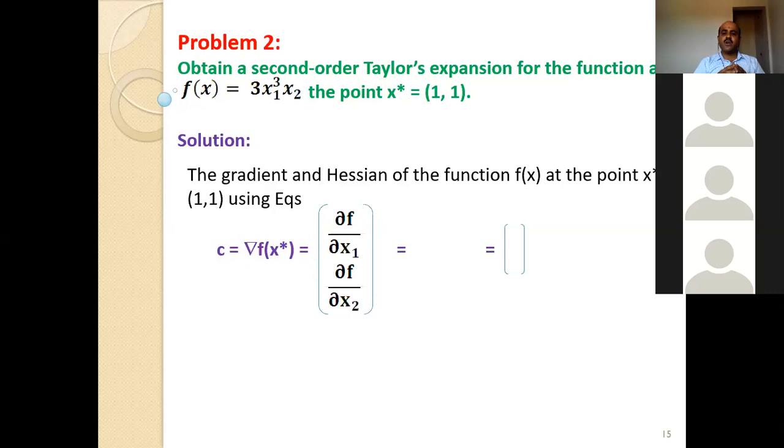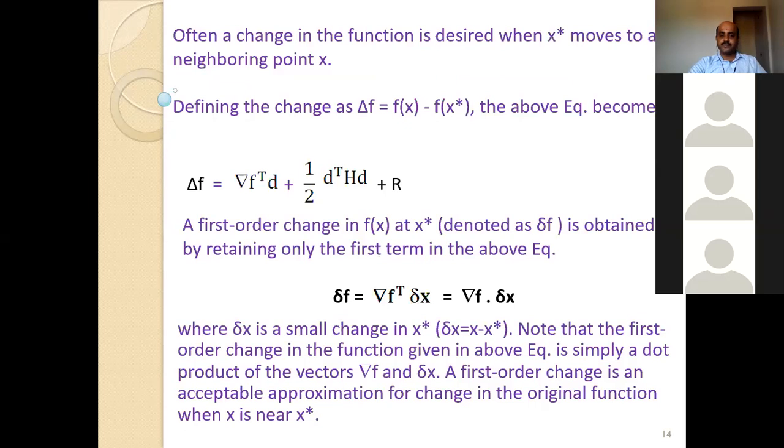So when you get a second order Taylor's expansion function, the gradient and the Hessian of the function f of x at that point x star (1, 1) can be determined using the equation. So here you have to determine the gradient vector and the Hessian matrix first. Because I will just go back to the equation here.